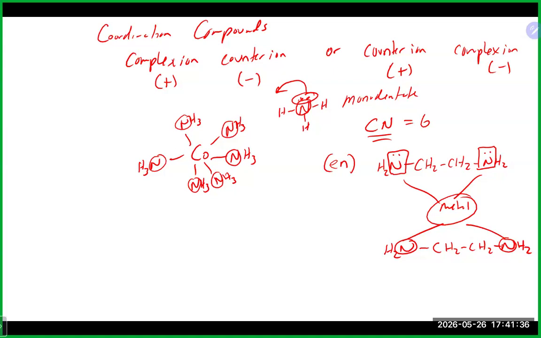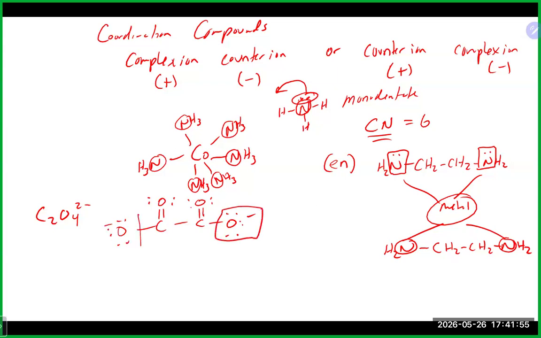Another very common bidentate is oxalate, C2O4 2-. If you draw oxalate, it will look something like this. It's at each of these single-bonded oxygens, which carry a -1 formal charge, that it will bind to the metal.